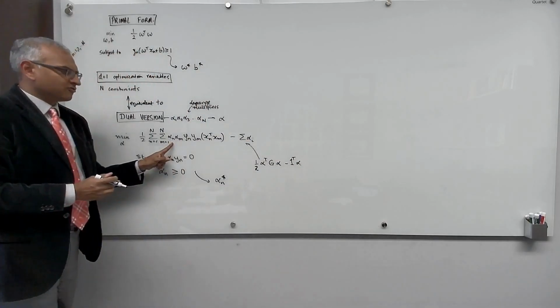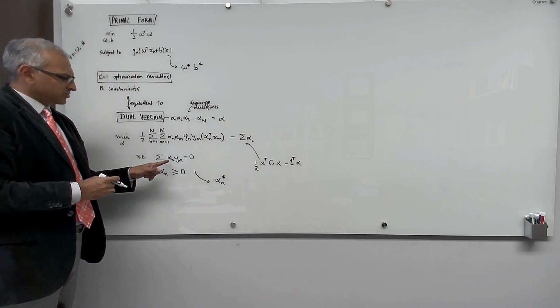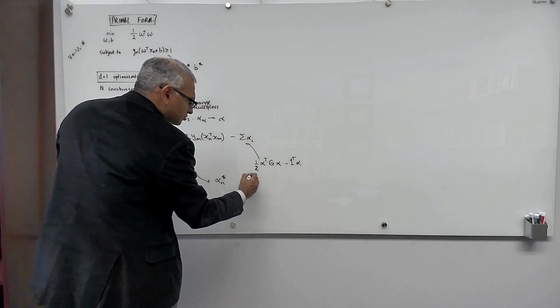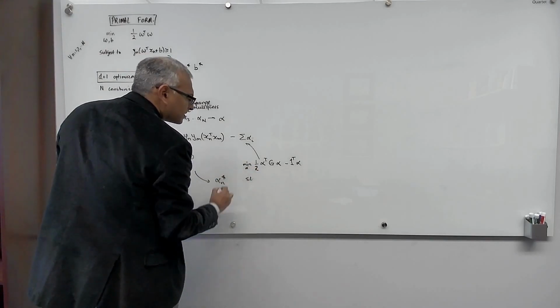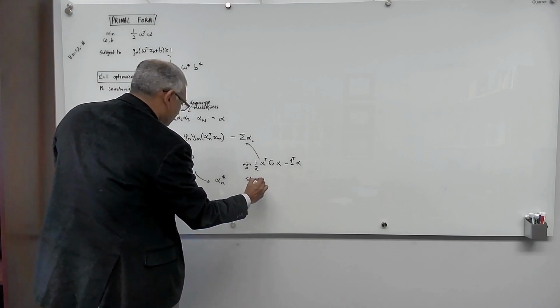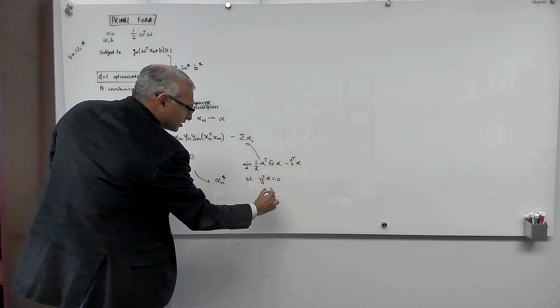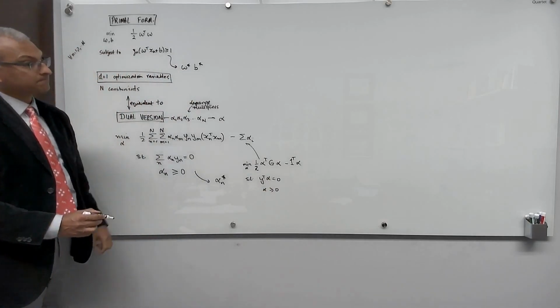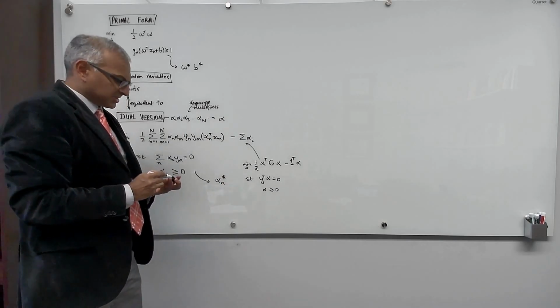So it is a quadratic form, and these constraints are all linear inequality or equality constraints. So minimize this over alpha, subject to y transpose alpha equals 0 and alpha greater than or equal to 0. This is a quadratic program. We can solve it and get alpha n star.